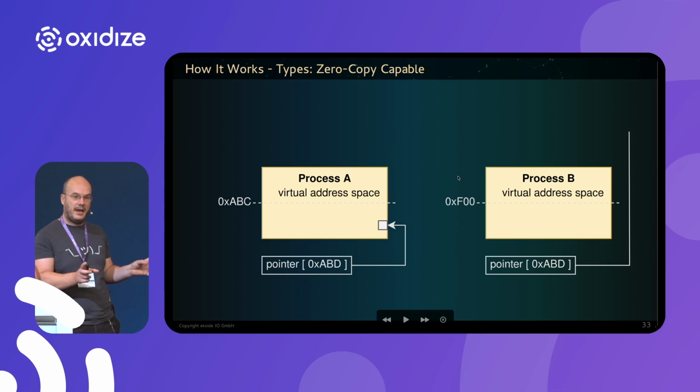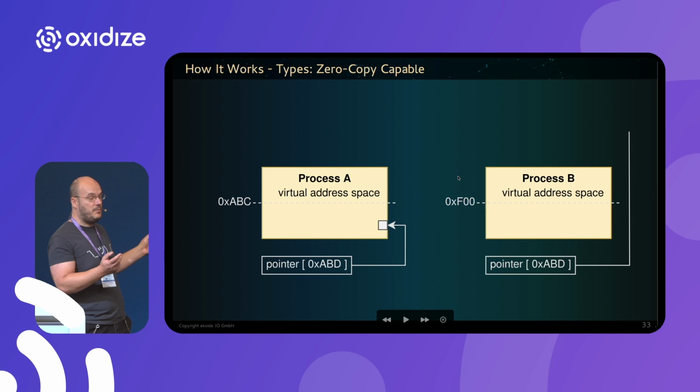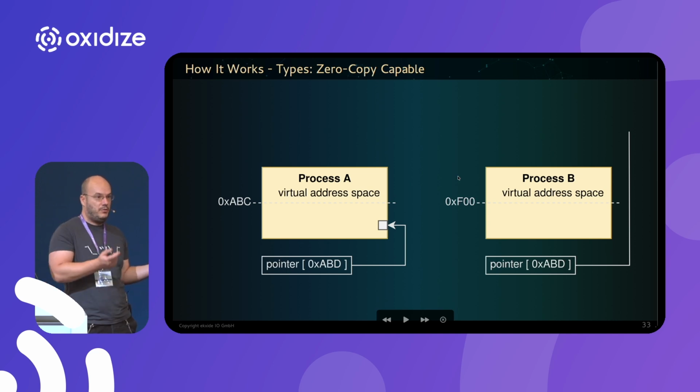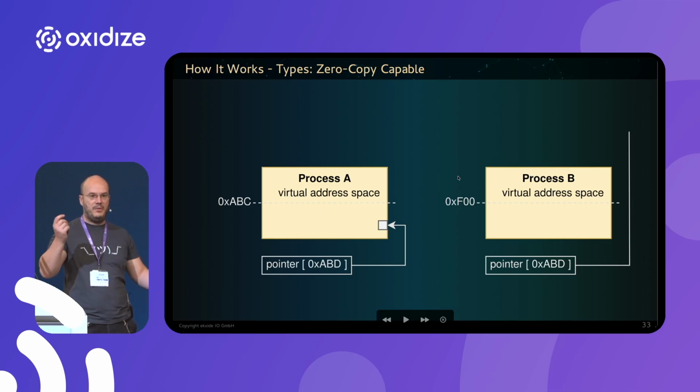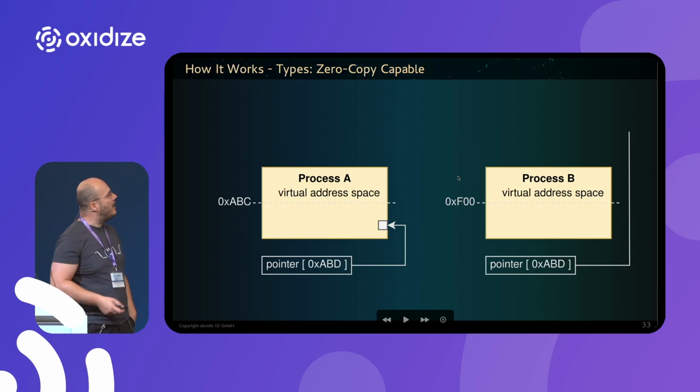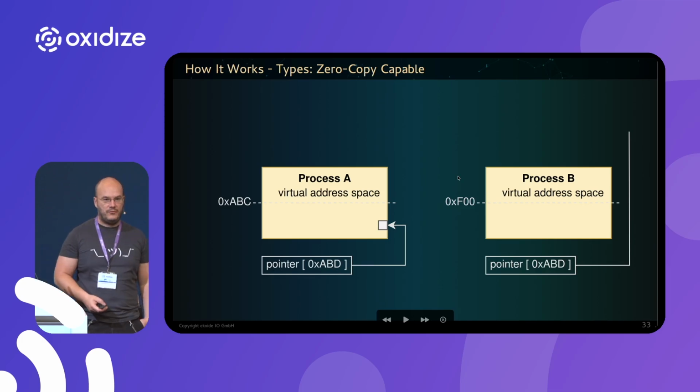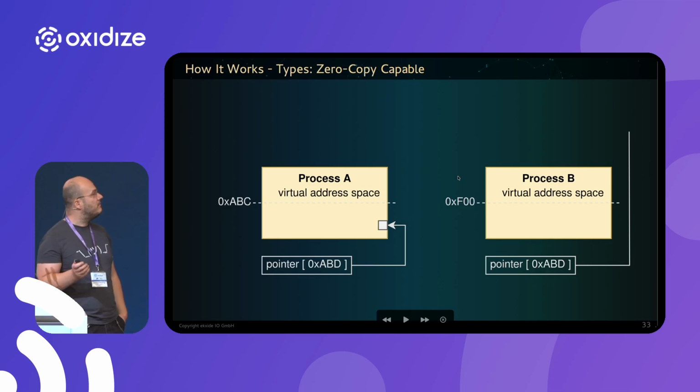When you just take a look at the integer values, you have maybe process A, which has a virtual process space which starts at ABC, and then you have a pointer which points to ABD, which is fine because it points directly into the process space of process A. But when you send it to process B, it points to nowhere because the virtual address space starts at F00, for instance, and then you have just a classical segfault.